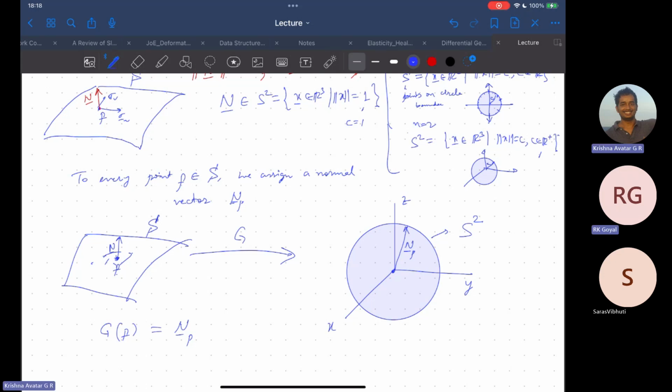I have a doubt. What if I added del p here? Then G of p plus del p would be equal to what in terms of n? Would it change by the same amount, n of p plus del p, or would it differ by some other amount?